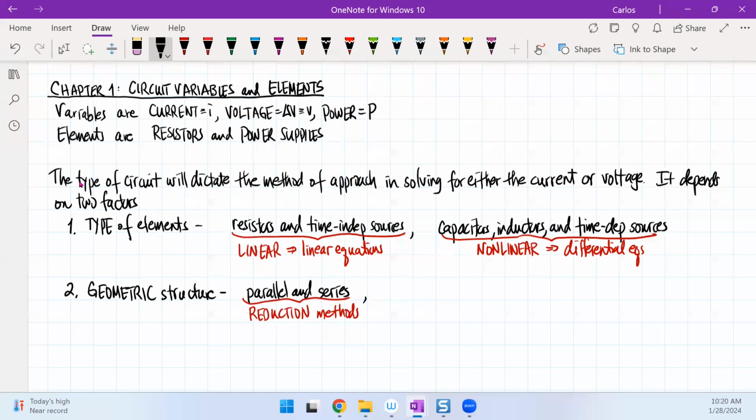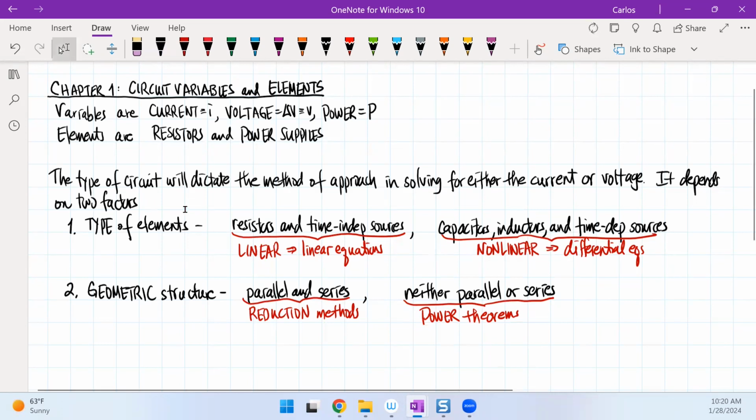But many circuits are neither parallel nor series. That implies that we can't use reduction. So we have to use powerful theorems to guide us in the process.